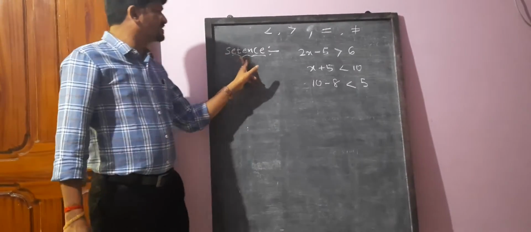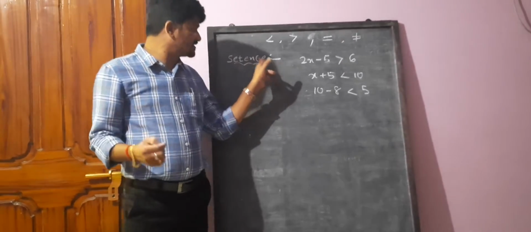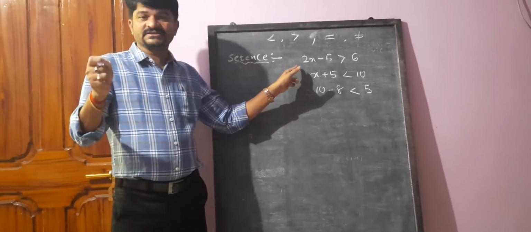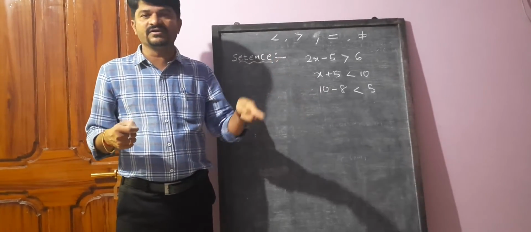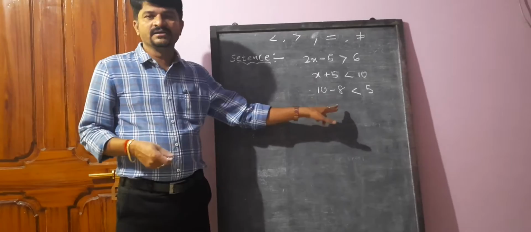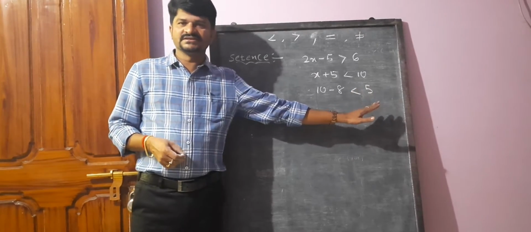Children, once again I will repeat this definition of sentence. Write it. Sentence: two or more expressions joined by either the less than symbol or the greater than symbol or the equality sign are called mathematical sentences. Is it clear?